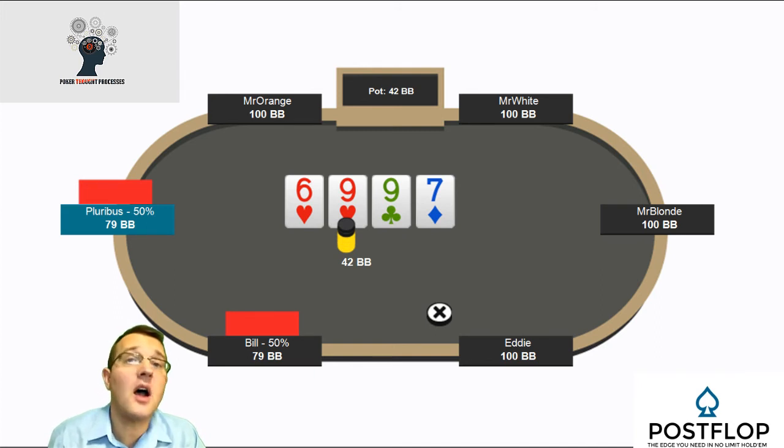Interestingly, if we had the ace of hearts, our equity would be as low as 37%. This is because the ace X of hearts makes up quite a large chunk of his drawing range. If we take that away, he's got a lot more value hands, made hands that are strong in his range, hence his equity goes up.